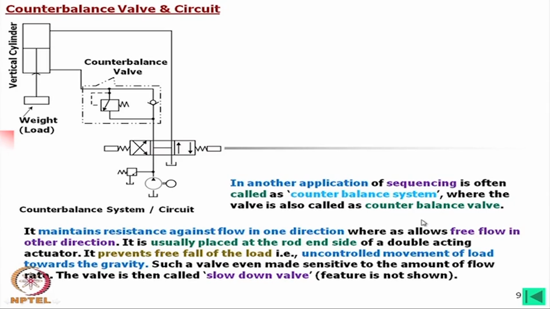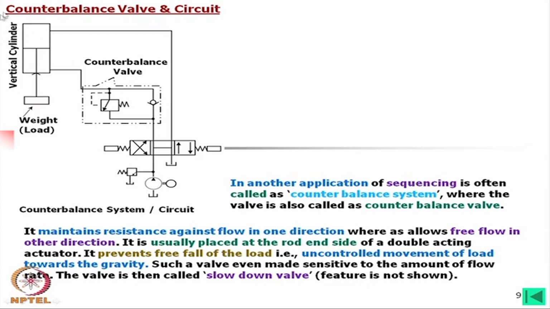In that case, it maintains resistance against flow in one direction, whereas it allows free flow in the other direction. It is usually placed at the rod end side of a double acting actuator.